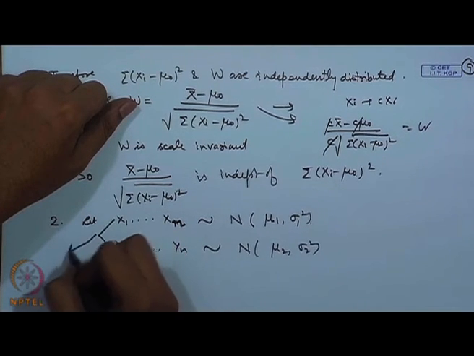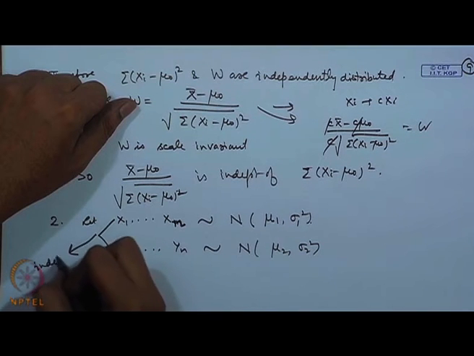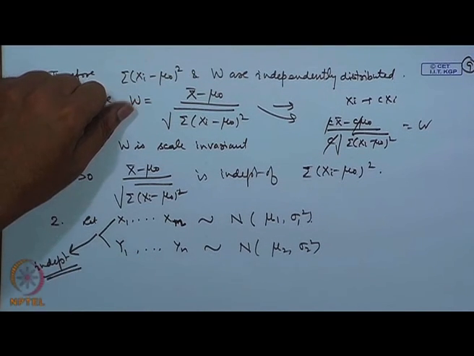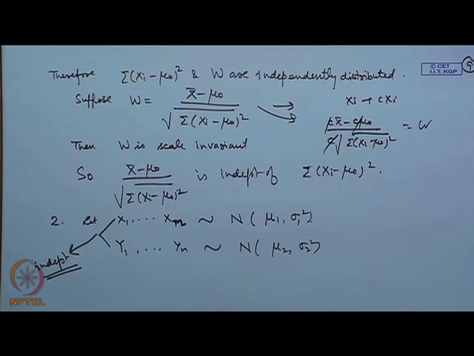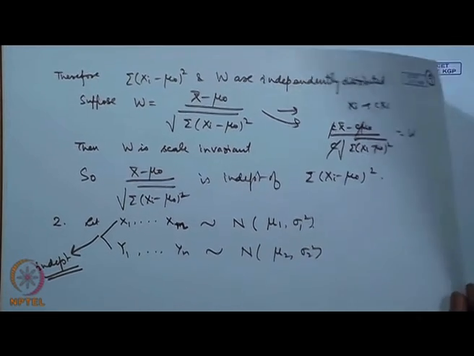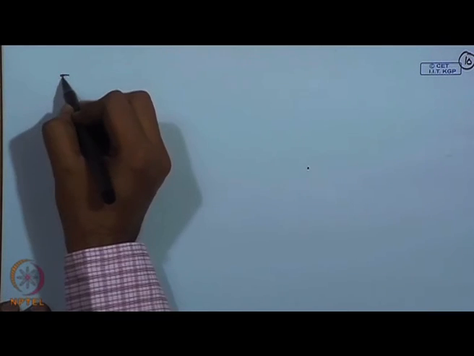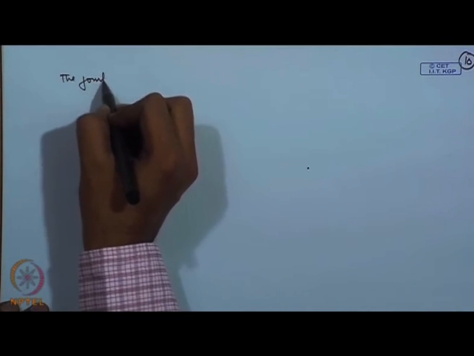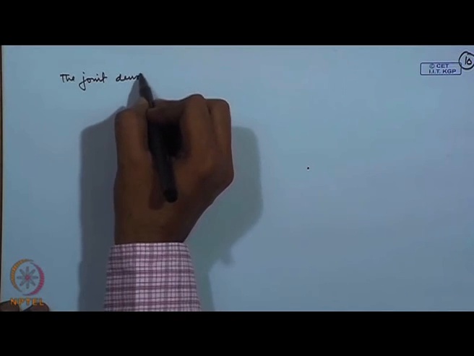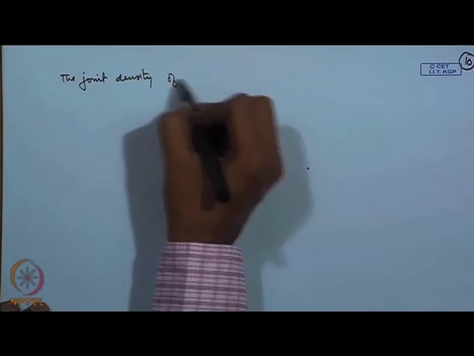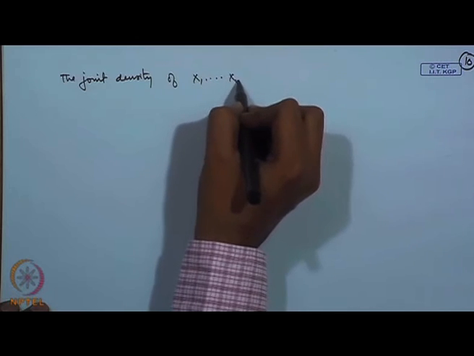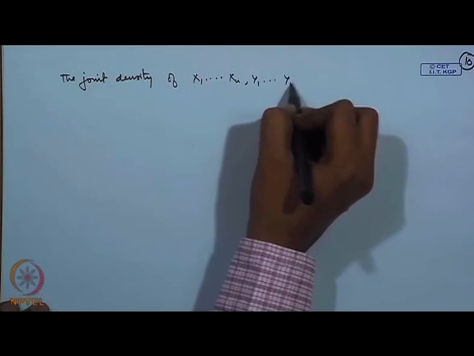I also assume that these two samples are taken independently. Then let us write down the joint density of x 1, x 2, x n and y 1, y 2, y n.